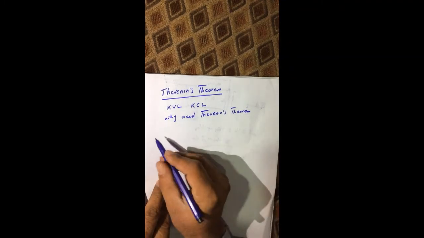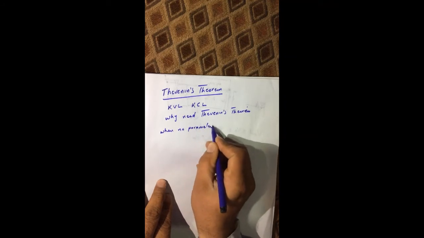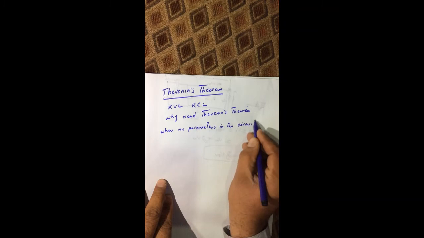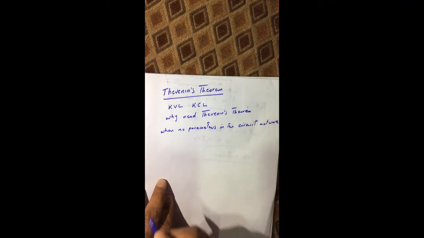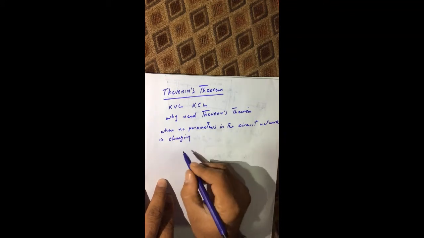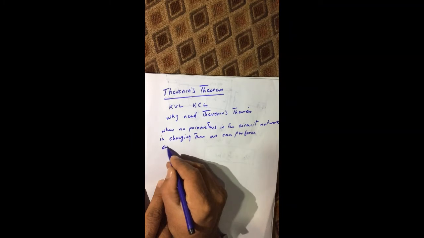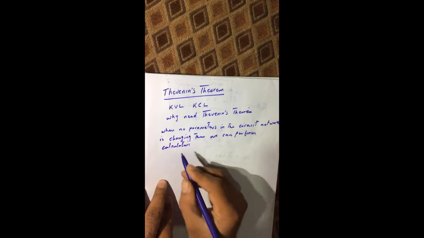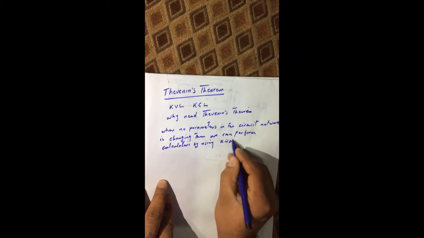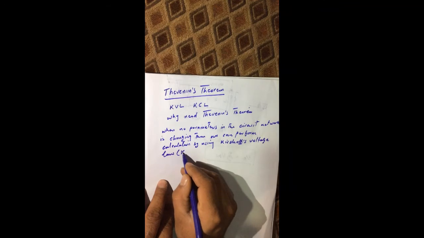I will write it here: when no parameters in the circuit network are changing, then we can perform calculation by using Kirchhoff's voltage law, which I will represent by KVL.